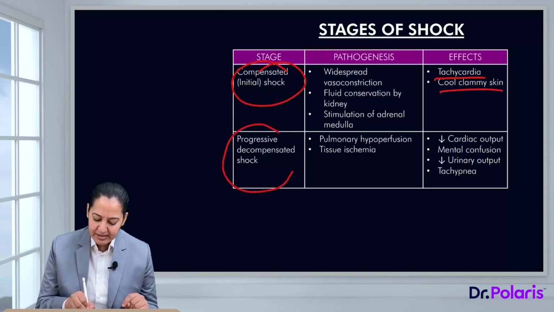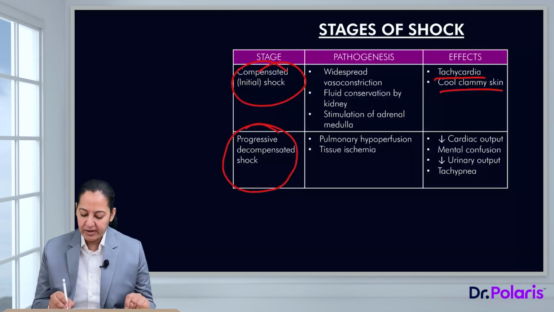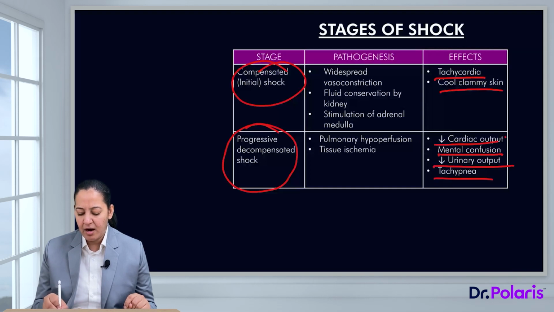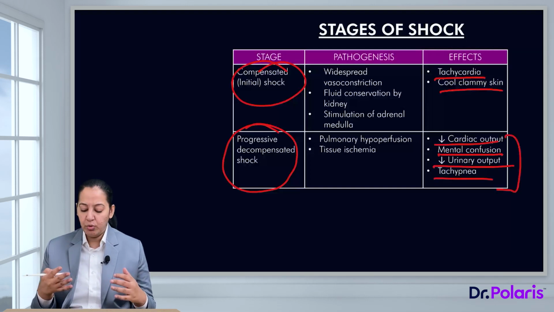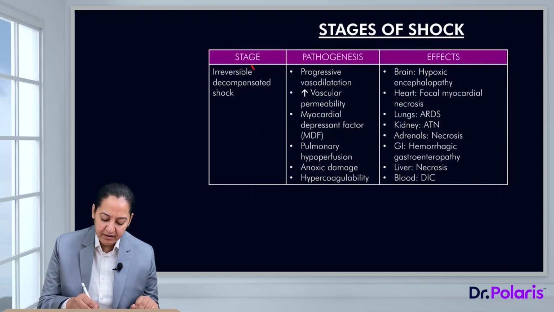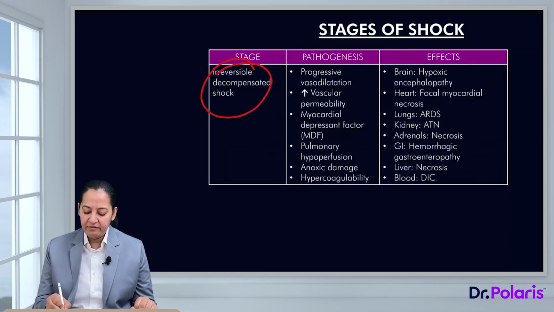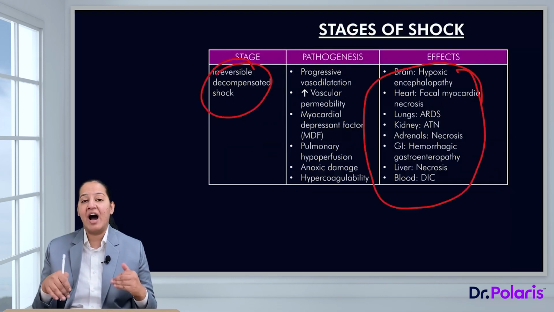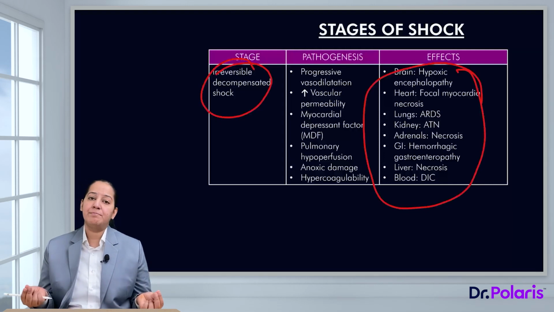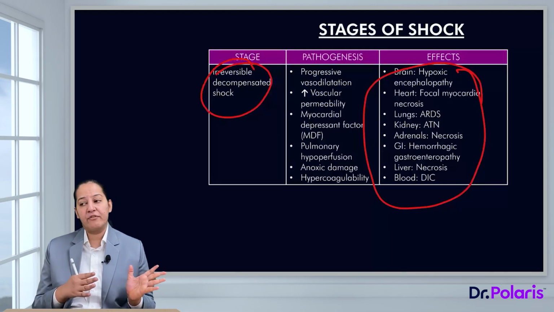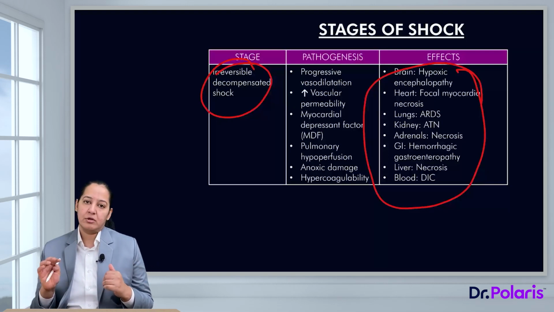The second is progressive decompensated shock, in which there is decreased cardiac output, mental confusion, decreased urinary output, tachypnea, that is, multiple tissue dysfunction takes place. And third is the irreversible decompensated stage, in which all the organs have hypoxia and it is irreversible in spite of therapy, in spite of correction, in spite of removing the etiological cause causing the shock.